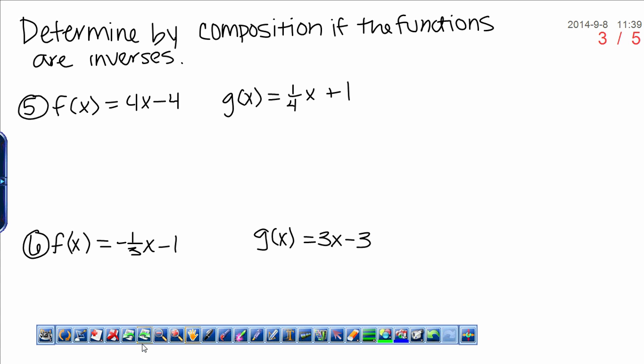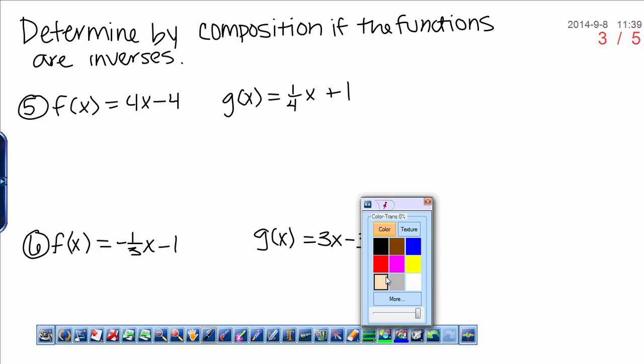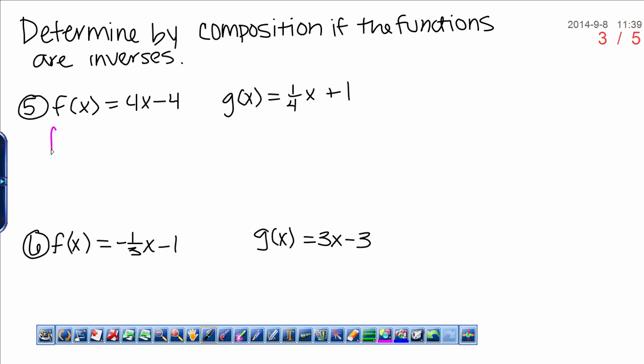All right, so I've got to do two things. I have to do f of g of x and I also have to do g of f of x. And when I simplify those both, if they both simplify to x, then our functions are inverses. All right, so let's give it a try.